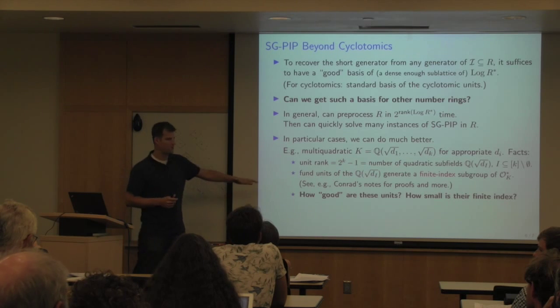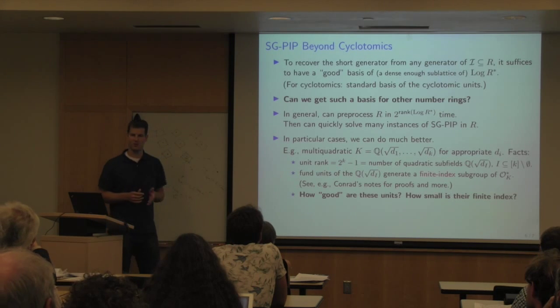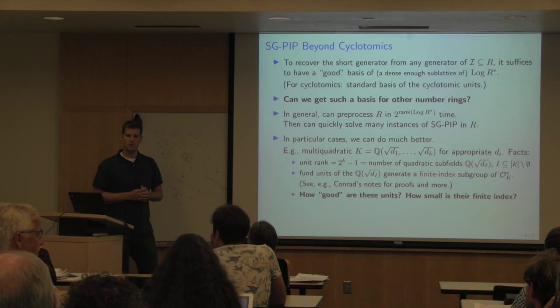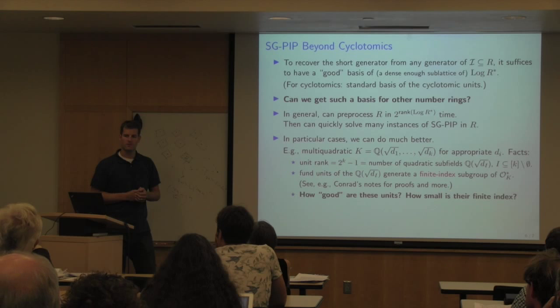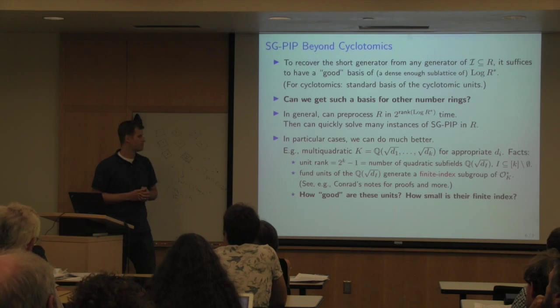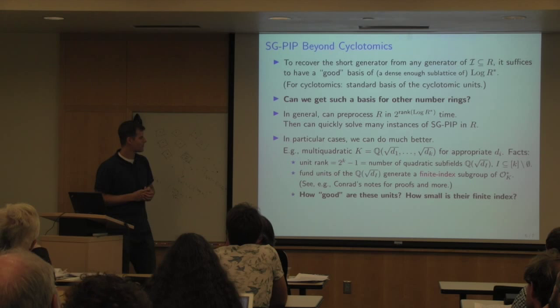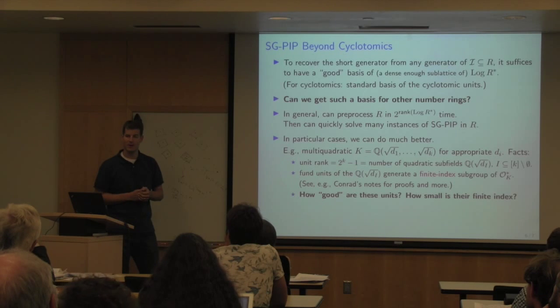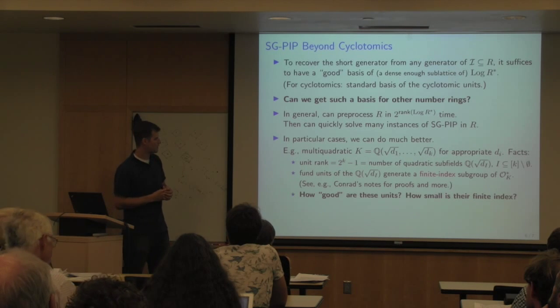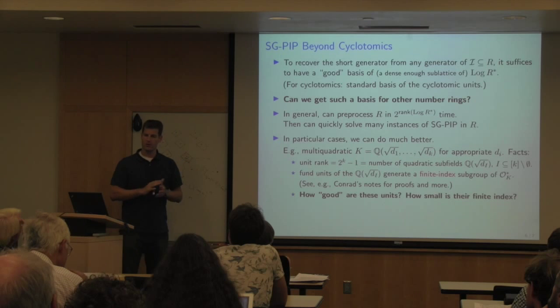So there's good reason to be optimistic. I haven't done the experiments, but yeah. Good. So that's good news for the attack, if indeed these units are nice and nearly orthogonal.